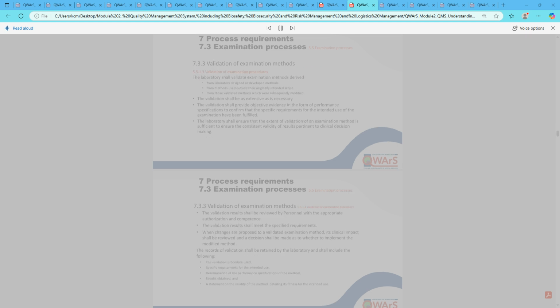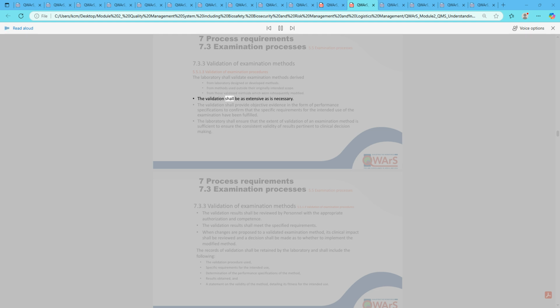7 Process requirements, 7.3 Examination processes, 5.5 Examination processes. 5.5.1.3 Validation of examination procedures. The laboratory shall validate examination methods derived from laboratory designed or developed methods, from methods used outside their originally intended scope, and from those validated methods which were subsequently modified.